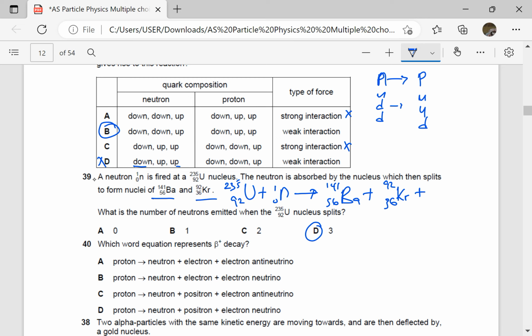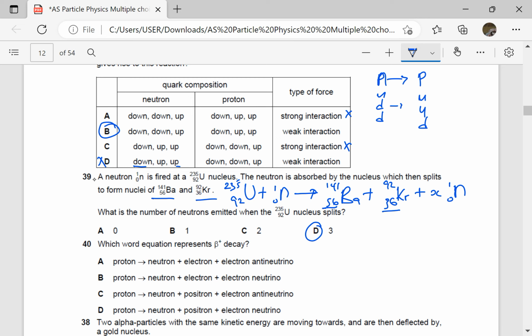Let's say plus x neutrons. So this is n 1 0. On the left, proton number is 92. On the right, we have 56 plus 36. That is 92. So proton number is balanced.